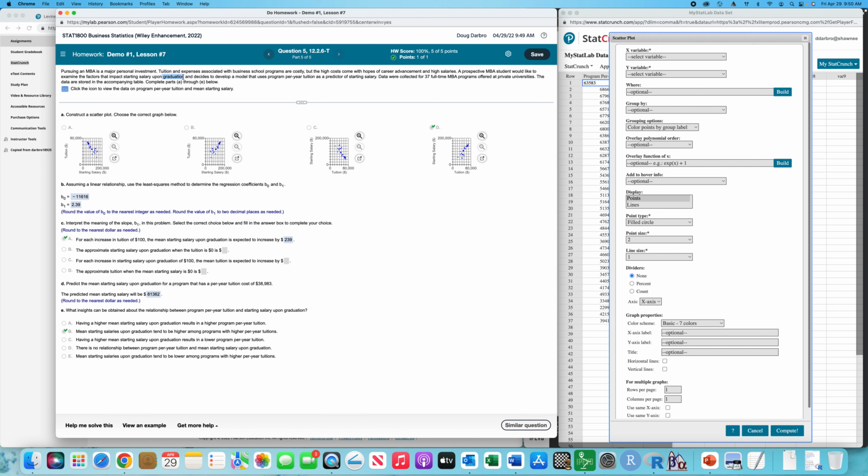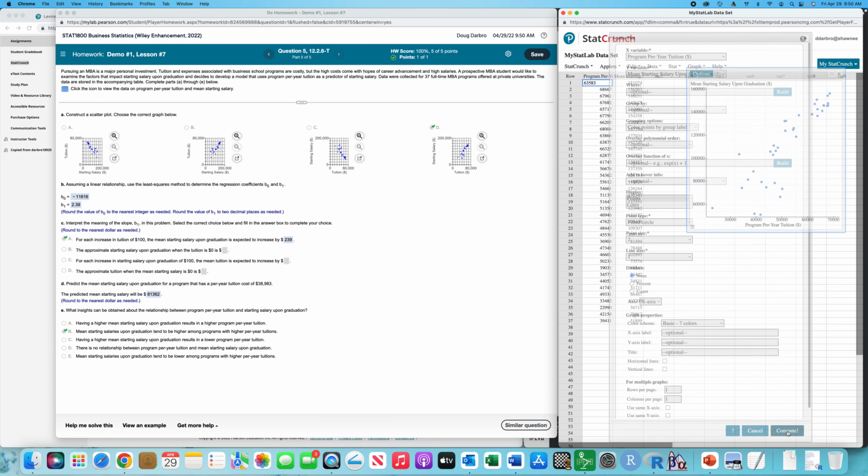Examine the factors that impact starting salary and decides to develop a model that uses program per year tuition as a predictor of starting salary. So that tells me that the predictor here is program per year tuition, which tells me it's the x variable. So I want to use that to predict mean starting salary.